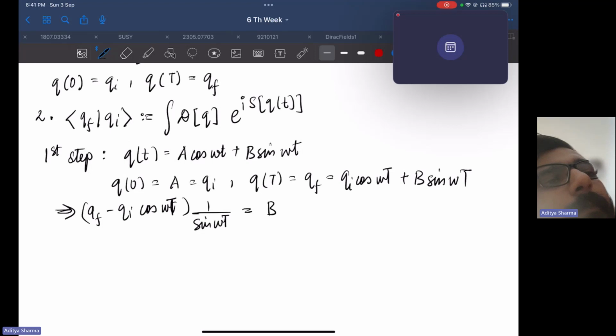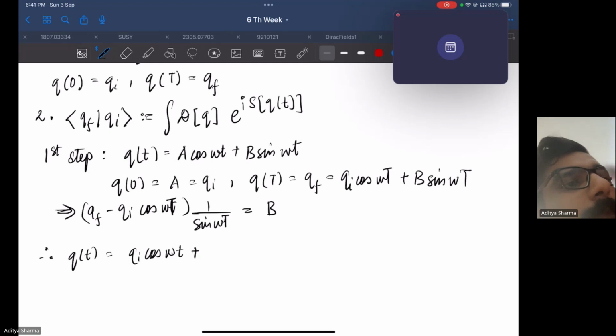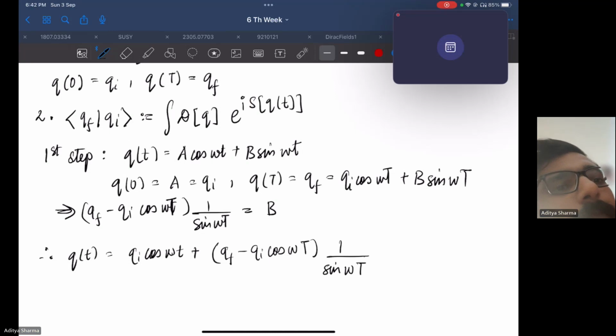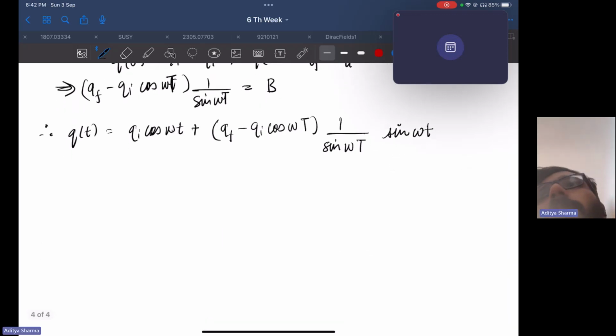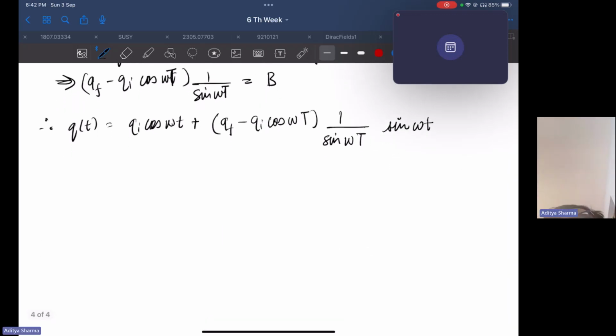Therefore, q of t is equal to qi cos omega t plus qf minus qi cos omega t over sin omega t times sin omega t. So this is the solution with those boundary conditions.